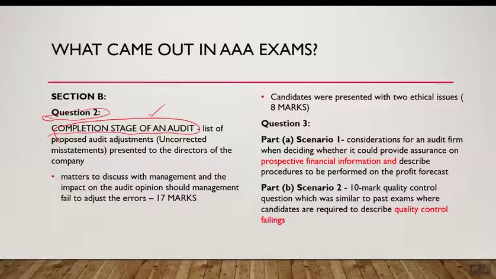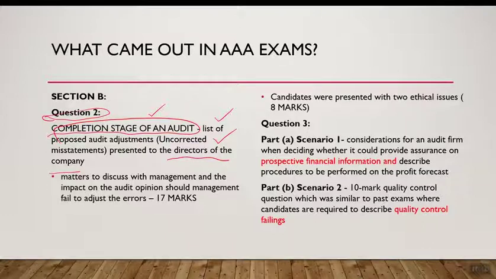One of the things that auditors do to complete the audit is discuss with the directors of the company a list of proposed audit adjustments or uncorrected misstatements, because sometimes during audit, the auditors may find a lot of misstatements along the way. So they will accumulate a list of what we call uncorrected misstatements. And some of these need to be adjusted by the directors of the company before the opinions are issued.